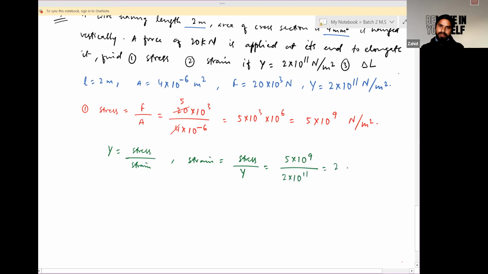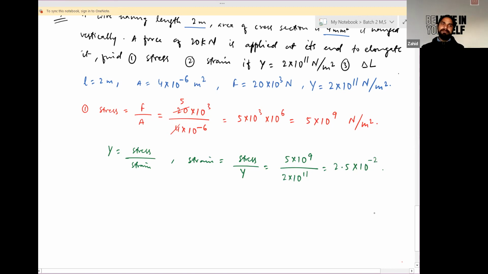So it will be 2.5 into 10 to the power... We have 10 to the power 11 in the denominator, so on moving to the numerator it becomes minus 11. So 9 minus 11 will be minus 2. And strain is a unitless quantity, so it will be as it is.